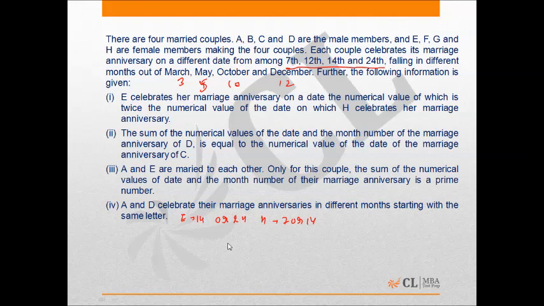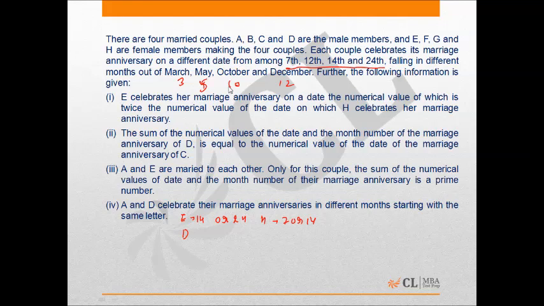In the second statement, it is given that the sum of the numerical values of the date and the month number of the marriage anniversary of D is equal to the numerical value of the date of the marriage anniversary of C. On observation, we get 7 plus 3 as 10.